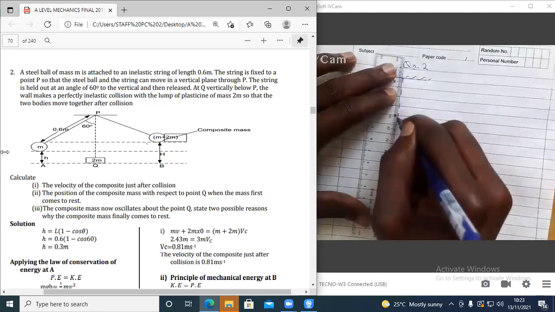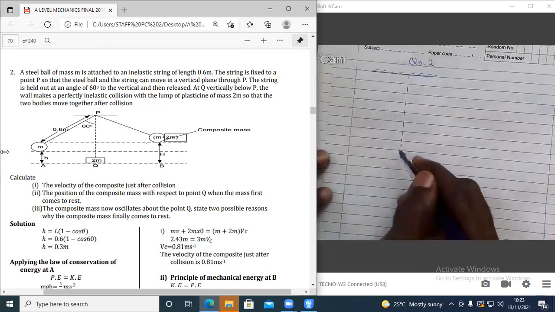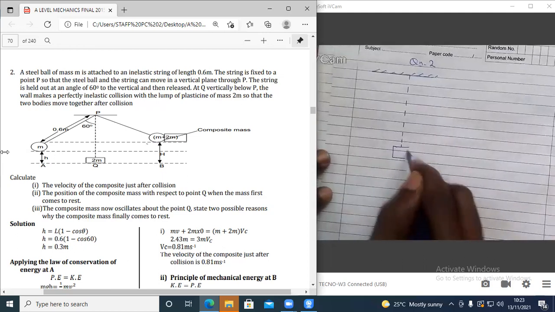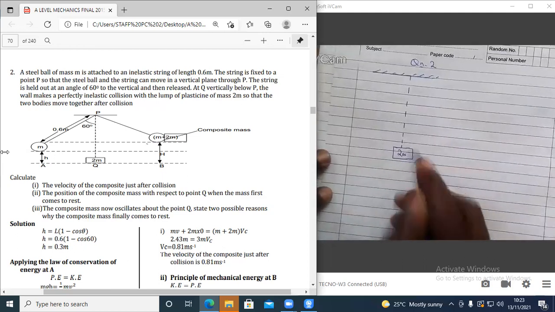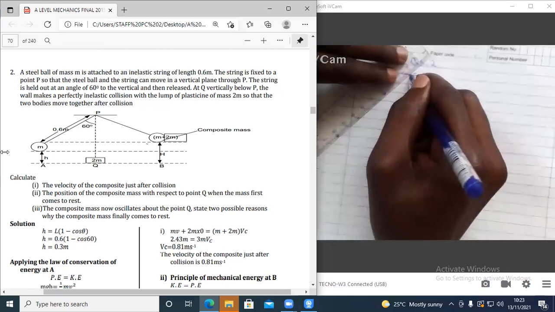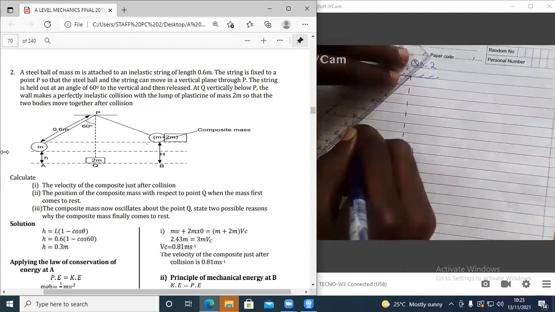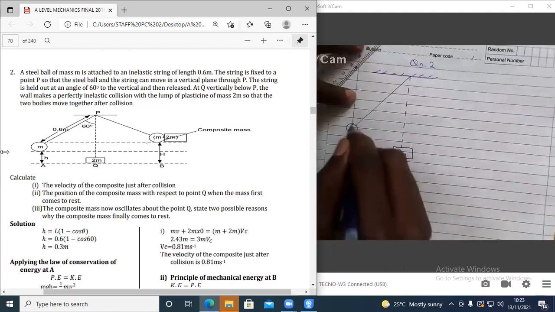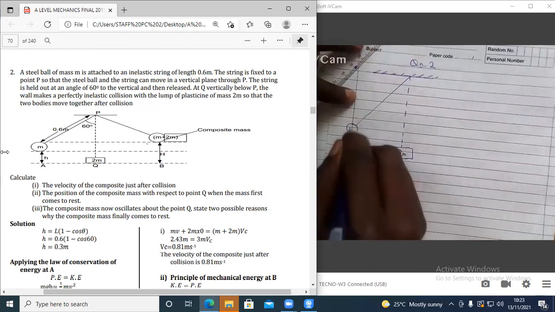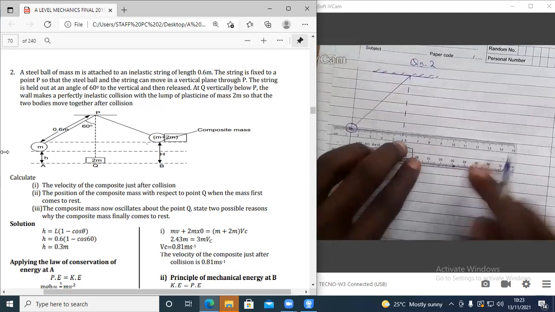So this is 2m, the mass is 2m. A pendulum is suspended to a given height. So this one I've said is m. So we are there like that.